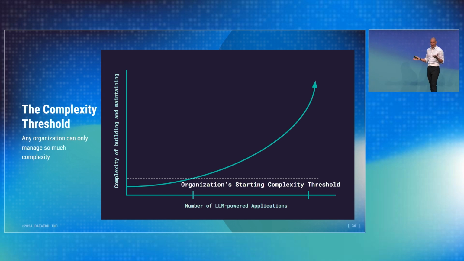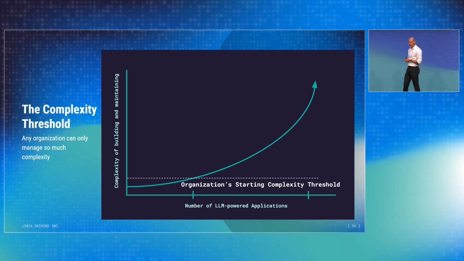And unfortunately, we still live in a world with somewhat limited resources, right? So you will have a limited team of software developers that can start building those applications, maintaining those applications. And maybe you have a great DevOps team that introduces some black magic to help you manage maybe 5, 10, 20 of those applications.